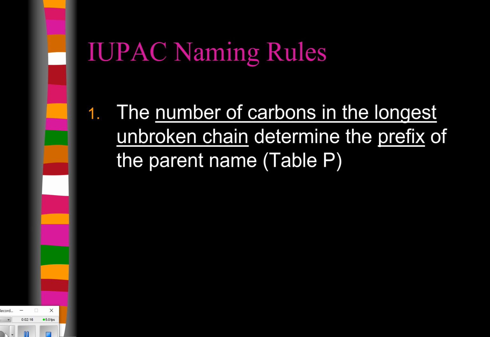So the first thing that we need to do is find the number of carbons in the longest unbroken chain. And that'll help us determine the prefix of the parent name. And we'll do some practice with that in a second.